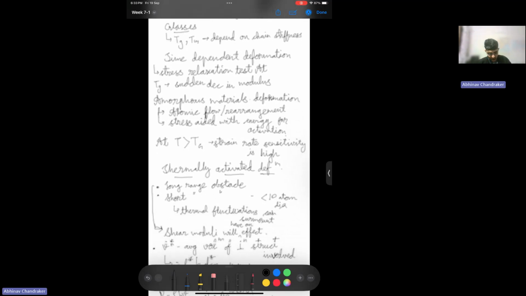There is a sudden change in properties as your temperature goes beyond Tg, and that is because it's basically a drastic phase change that is happening.